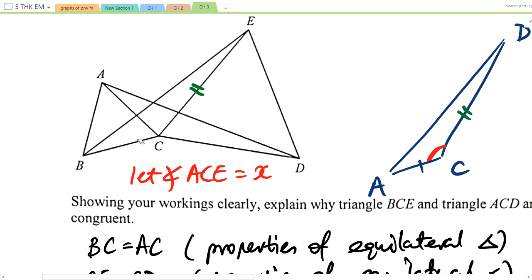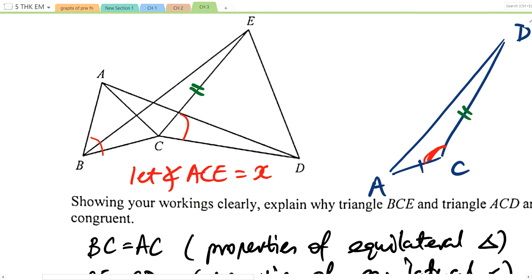Okay. First, do you agree that we need to prove that this angle and this angle are the same? The two red angles, we need to prove that they are the same. Why can't we just use ECE and ECB, ECD and ABC?